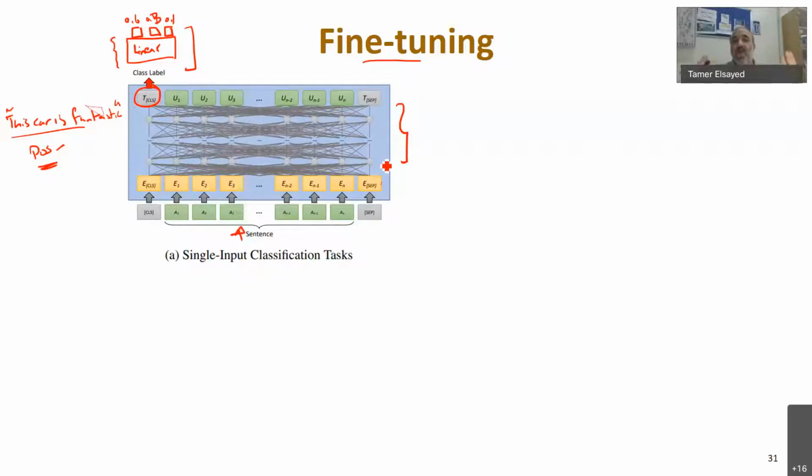Now, after fine-tuning for that task, I want to use that model. Should I use BERT only, or the classifier only, or both? What do you think?